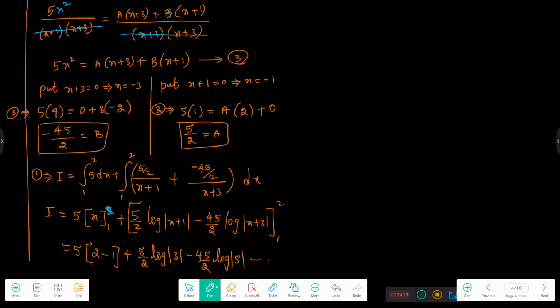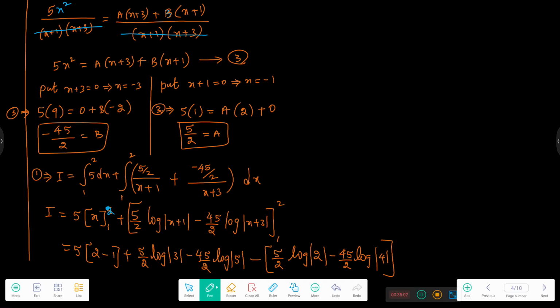Now minus lower limit: 5 divided by 2 log of (1 + 1), 2, so log 2. Minus 45 divided by 2 into log of (1 + 3), 4. This is the lower limit. So you have to simplify carefully here.